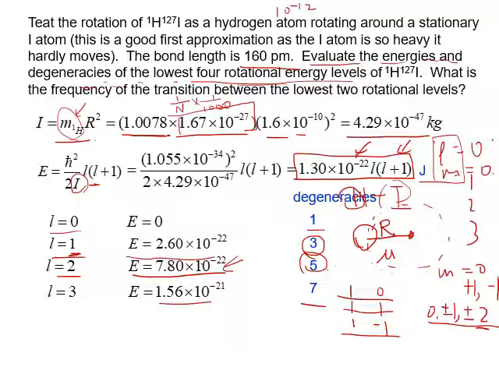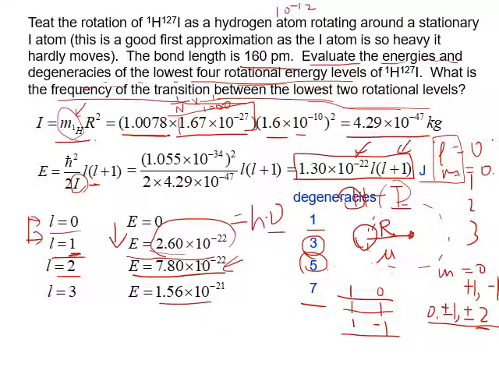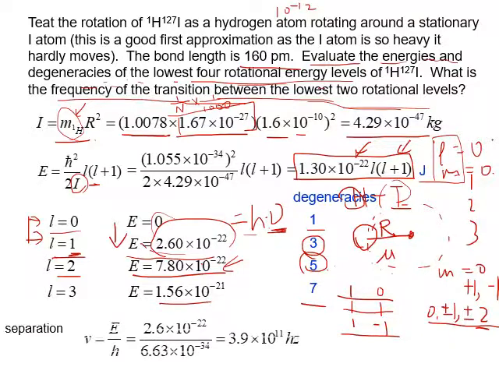Lastly, what is the frequency of a transition between the lowest 2 rotational levels? This is the lowest, this is the energy above it, and the transition is between these two. You calculate the delta E, which is just this energy, and this equals h times the frequency of light. So the frequency of light should be delta E divided by Planck constant.